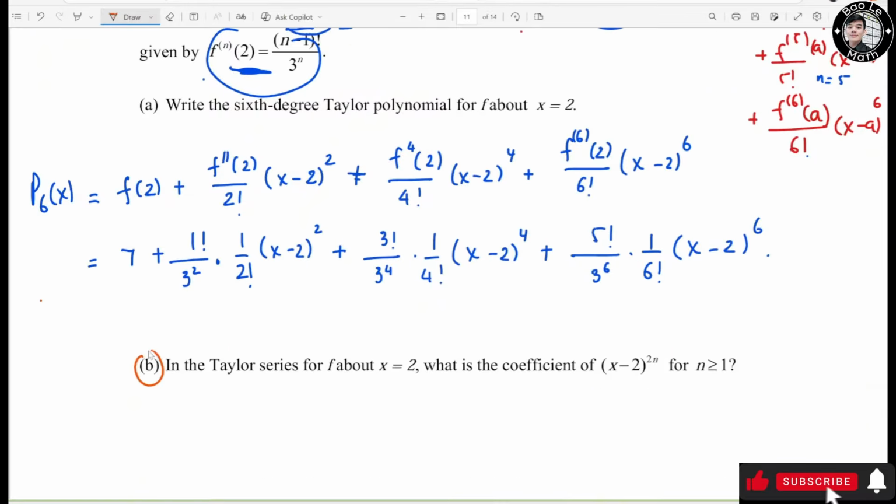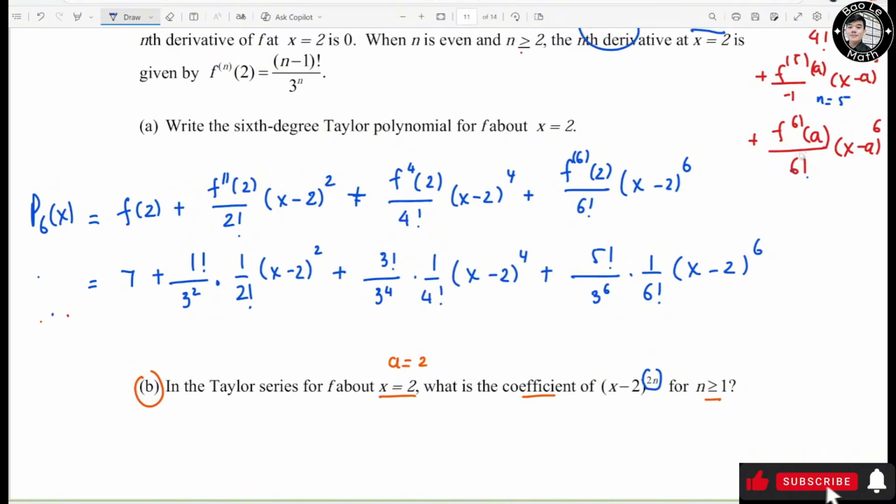Now question B. In the Taylor series for the function f about s equals 2, which is a equals 2, what is the coefficient of s minus 2 to the 2n for n greater than or equal to 1? Now observe that this guy right here, this guy right here, and this guy right here are the same, right?